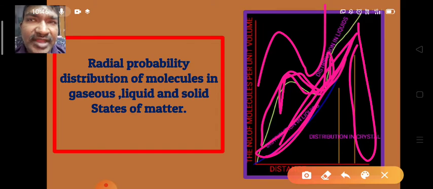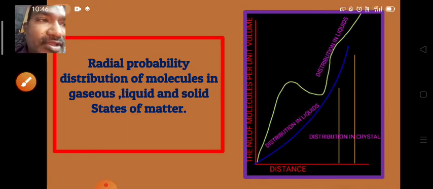That means the order of the arrangement of the molecules in the liquids is intermediate to that of the gases and that of the solids. So somewhere we find some short range order in the liquids. That is the point we have to understand by considering the radial probability graphs.